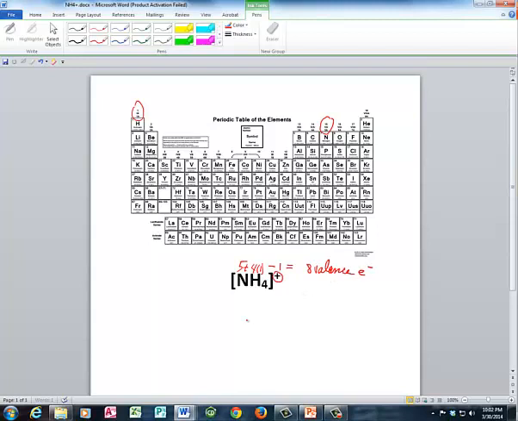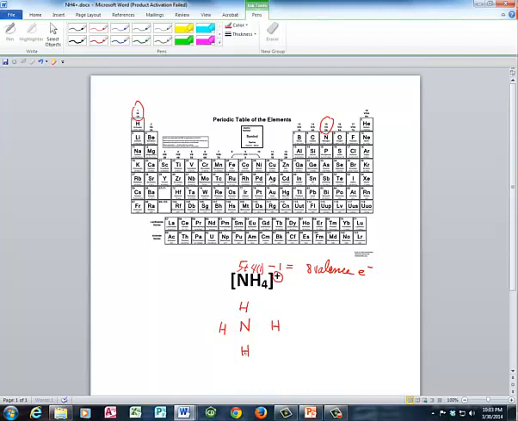Okay? So now we're going to draw our structure. Our central atom can never be hydrogen. It's got to be nitrogen in this case. So we put our central atom, and then we populate around our central atom with hydrogens. And once we get our 4 hydrogens, we give every element what it wants in terms of electrons.